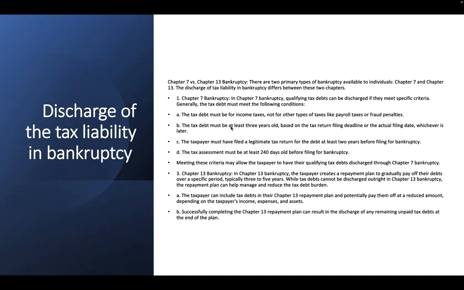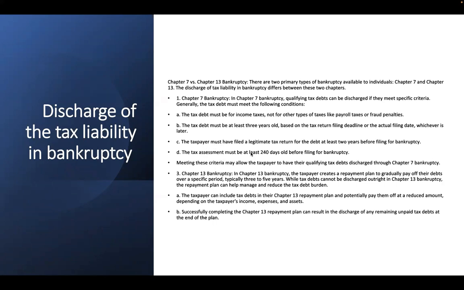And the tax debt must be at least 3 years old based on the tax return filing deadline or the actual filing date, whichever is later. The taxpayer must have filed a legitimate tax return, so it can't be frivolous, is what they're saying. And the debt has to be at least 2 years old before filing for bankruptcy.